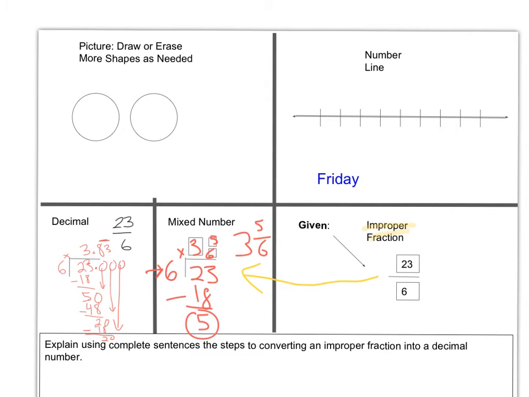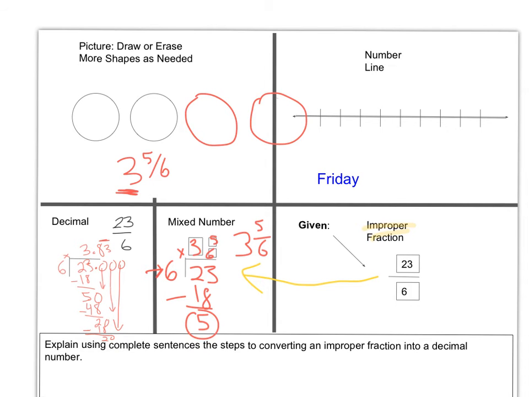For our picture, notice how it says draw or erase more shapes as needed. And since the number that we're dealing with is equivalent to 3 5/6, we need to have at least another circle to represent 3, that's the whole number, and then we're going to throw another circle in there so we can draw our fraction.